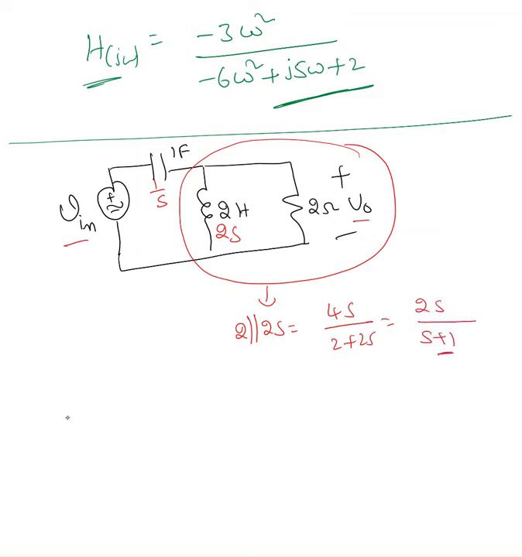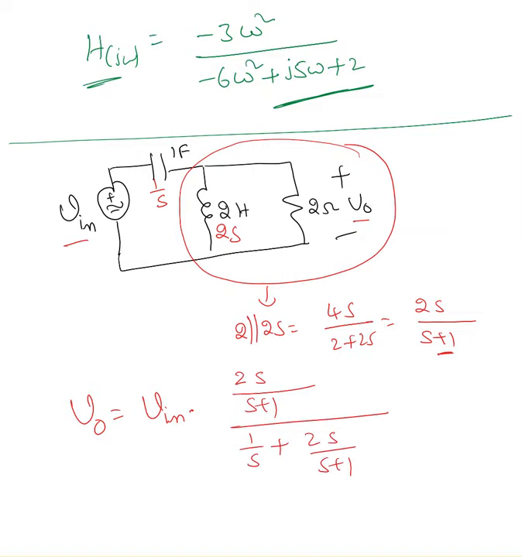Okay, now I'm going to find V0. V0 is the voltage drop across this whole combination. I can use the voltage division rule. V0 equal to Vn times the same impedance 2S over S plus 1, over 1 over S plus 2S over S plus 1.